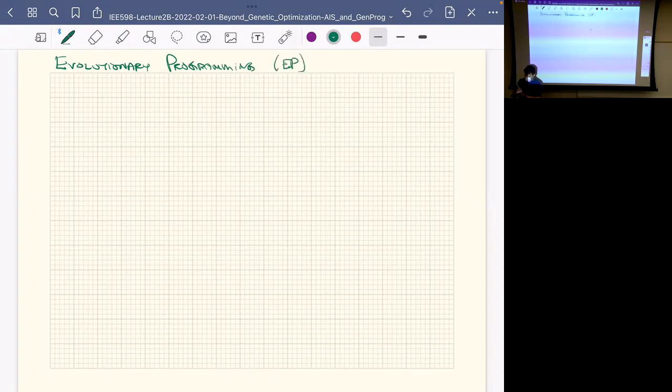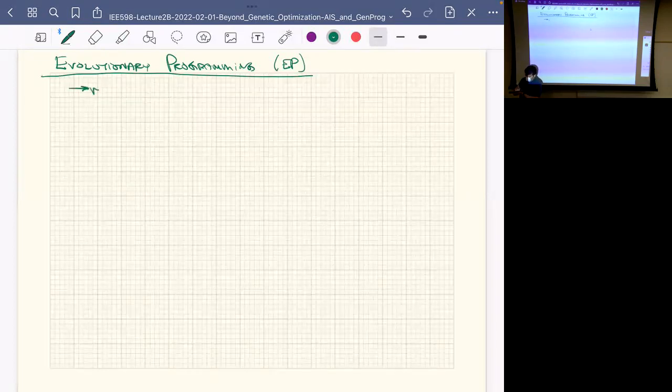Here the focus was, how do we use evolutionary techniques to write code or to build programs? And so it's very similar to genetic algorithms, but they've given up the string representation of the genome.